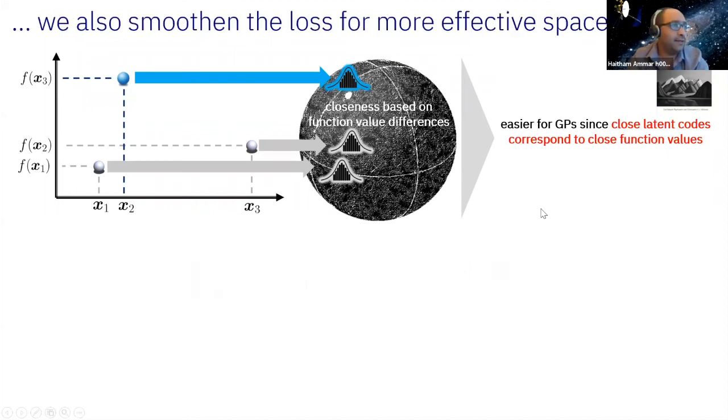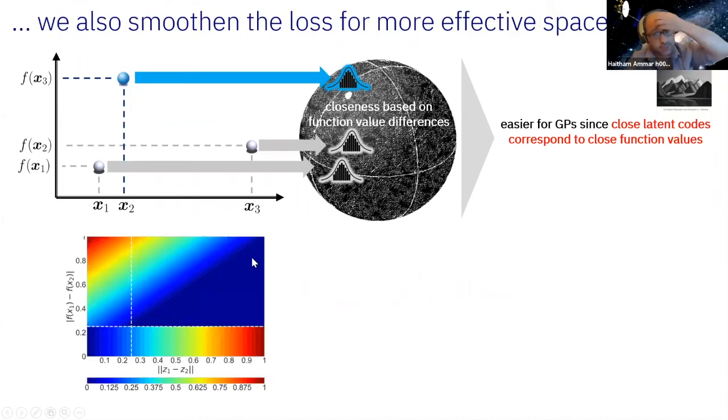Okay, and then here I just pictorially depicted for you, on the x-axis z distances, on the y-axis function values. I would like you to see that if my z distance is far away, so on the x-axis we are at 1, but my function value is low, then I will get penalized.